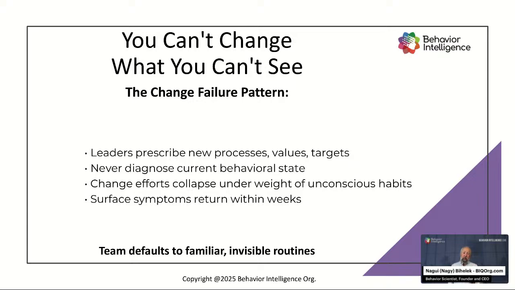And when that work is not done, people will revert to their unconscious automatic habits. And all it takes is an interrupt, and all of the effort that was put in will then revert.